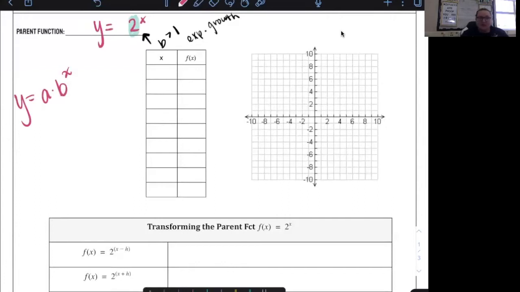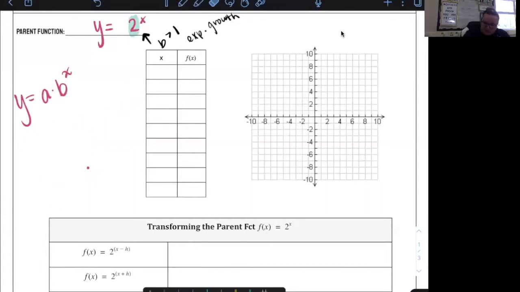Another example of an exponential parent function could be y equals 3 times 1/4 to the x, y equals 0.4 to the x, or y equals 10 to the x. Any of these parent functions could have transformations where they're shifted up, down, left, right, reflected over the x-axis, all that good stuff.